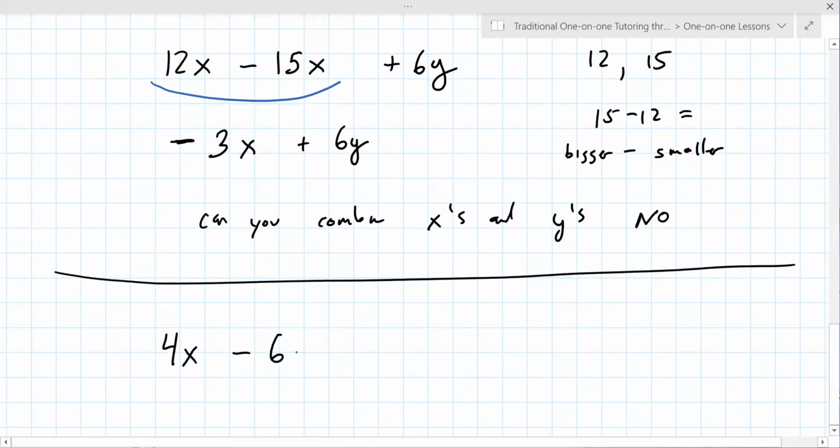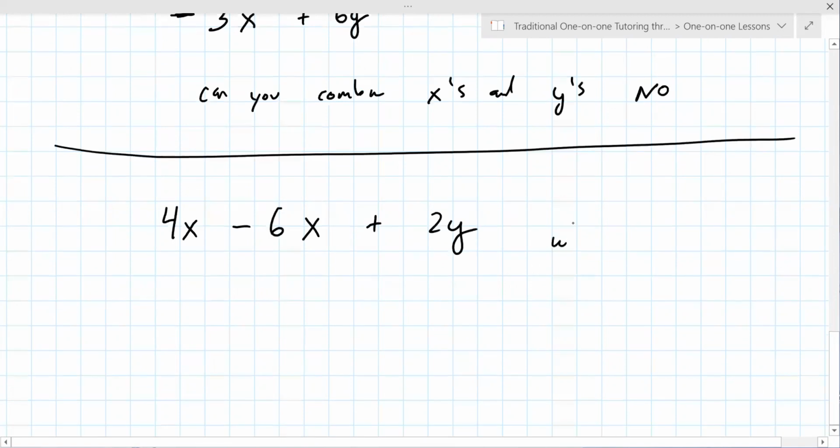4x minus 6y. I'm sorry, 4x minus 6x plus 2y. All right. So which is bigger, 4 or 6? 6. Okay, is 6 positive or negative? Negative. So we know the answer is negative, and then you take 6 and subtract 4, the bigger minus the smaller.